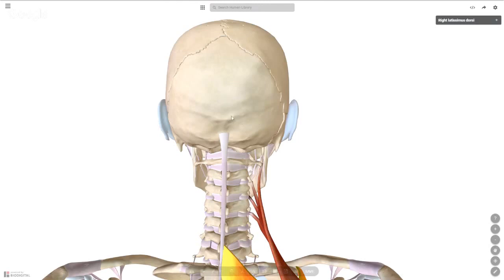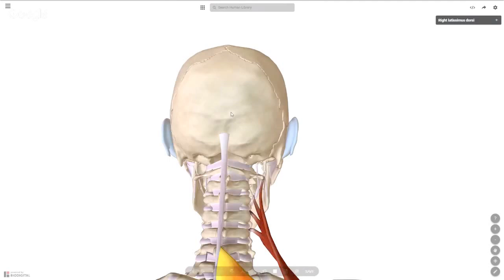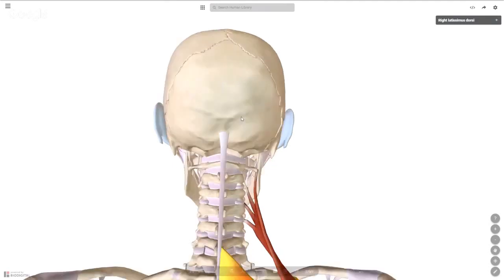When we start to use these muscles, they start to pull on that cartilaginous structure, and the more we pull it, the more it will grow outwards. The more you pull on those structures, the more they grow.